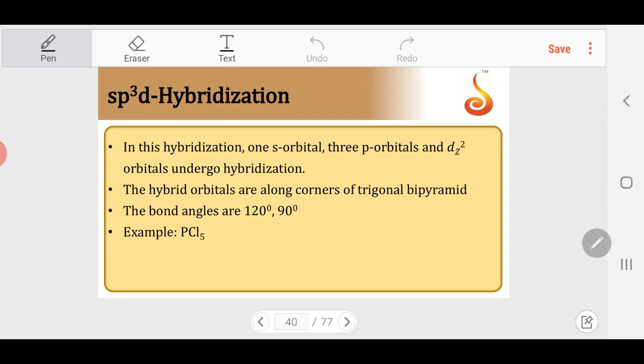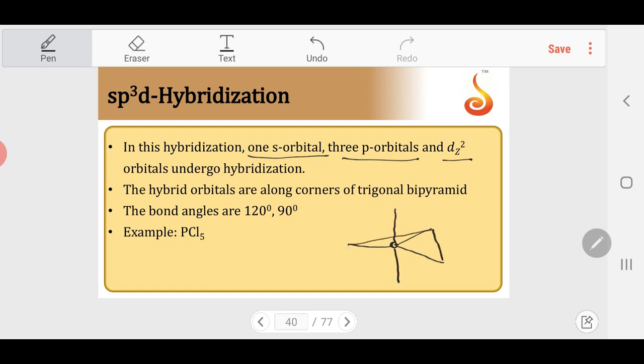When d orbitals are involved in hybridization, sp3d hybridization, 1s, 3p, and among d subshell it is dz square orbital involved in sp3d hybridization. So the sp3d hybridization means there are 5 orbitals. So this is central atom. So 5 orbitals means there will be 1, 2, 3 trigonal planar, and perpendicular to that there will be 2 more.